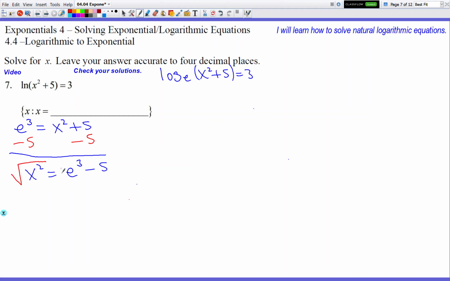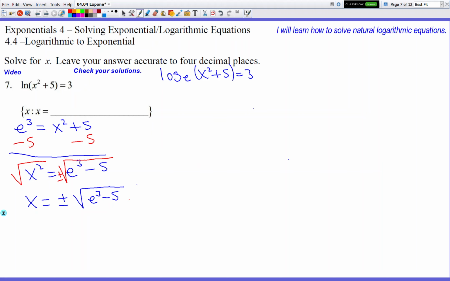And hopefully you remember from lessons in the past that when I square root both sides, we have to put plus minus right next to that square root. So we get x equals plus or minus the square root of e to the third minus 5.